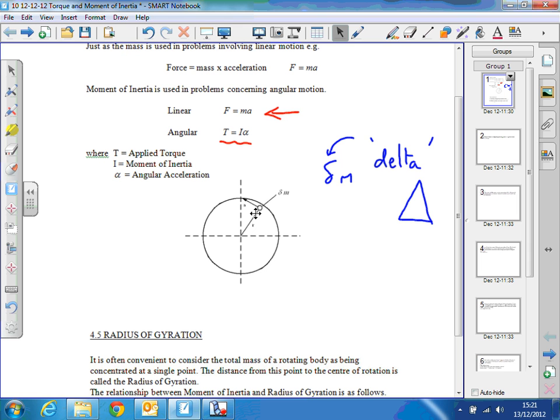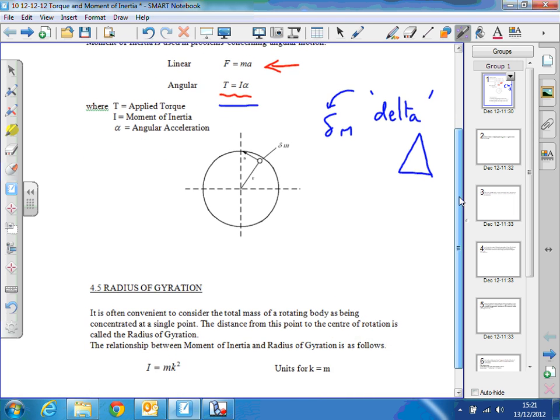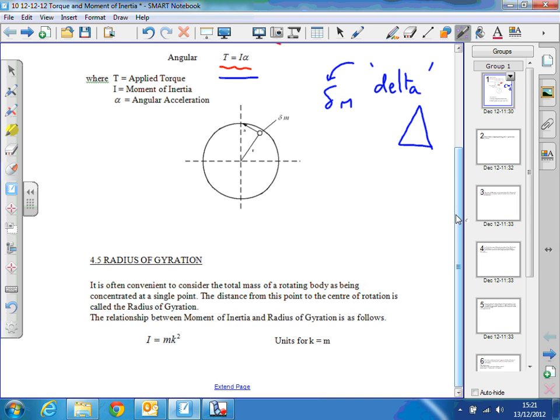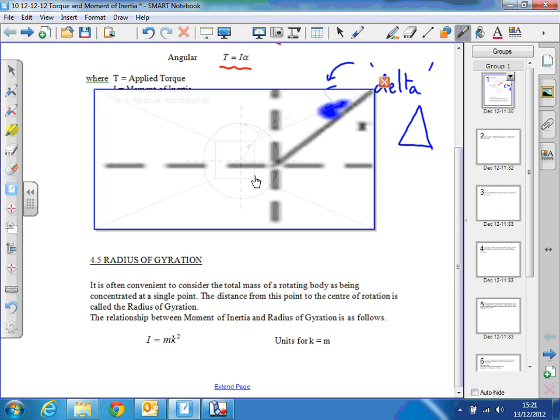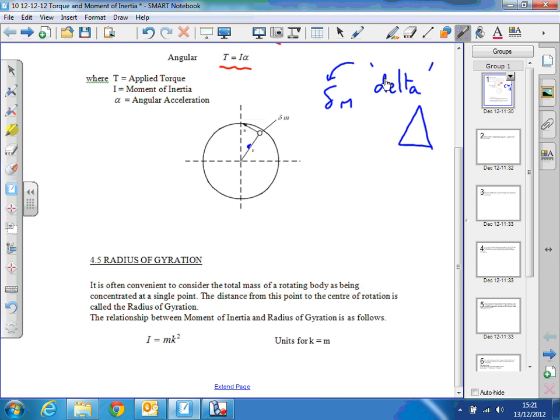In problems, you're often given the moment of inertia, or the means to find it, and the torque, and asked to find the angular acceleration, and so on. When it comes down to it, you just need to be able to use this formula. Often, because we're talking about some object rotating, we consider unit mass rotating a distance away from the center, called the radius of gyration.